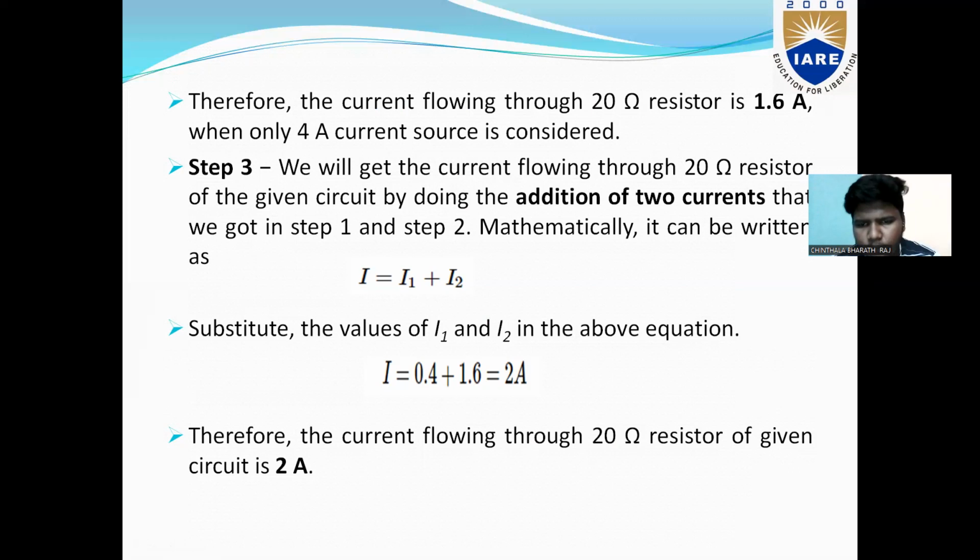Therefore, the current flowing through the 20 ohm resistor of the given circuit is 2 amperes. We need to follow these 3 steps to apply the superposition theorem.